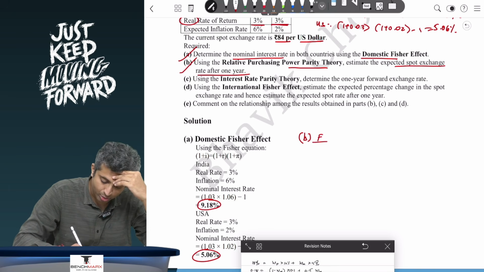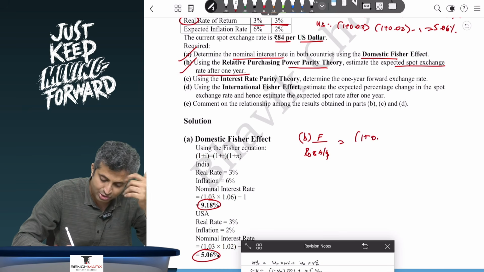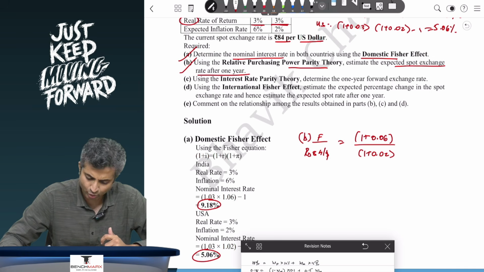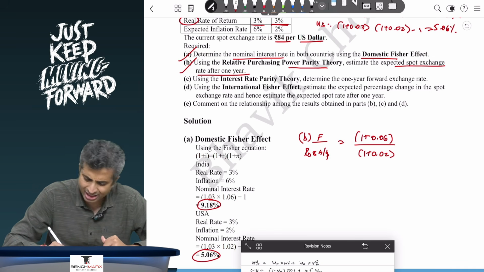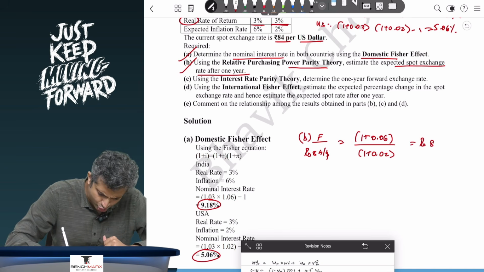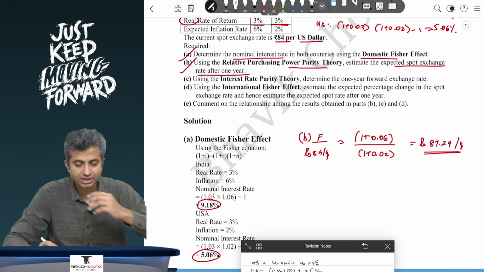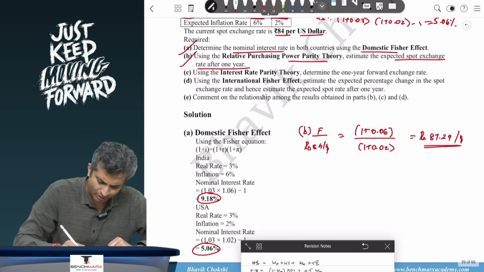So the forward rate is rupees 84 per dollar into 1 plus the inflation in India in the numerator, and 1 plus the inflation in the US in the denominator. So this is 84 into 1.06 upon 1.02, around 87.29. You should take more decimals, but if I restrict this discussion to 2 decimals, this is around 87.29.